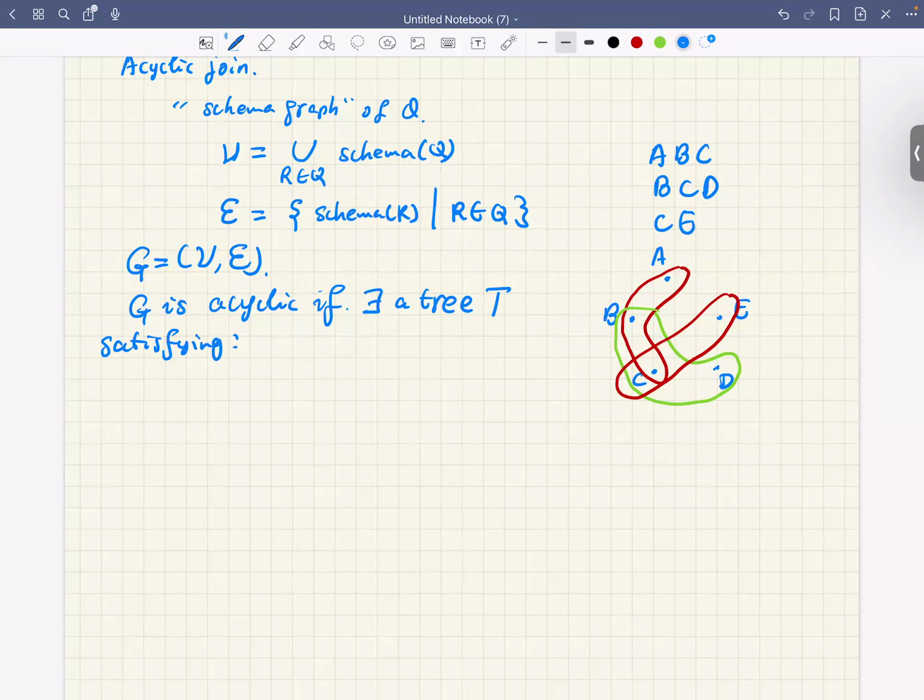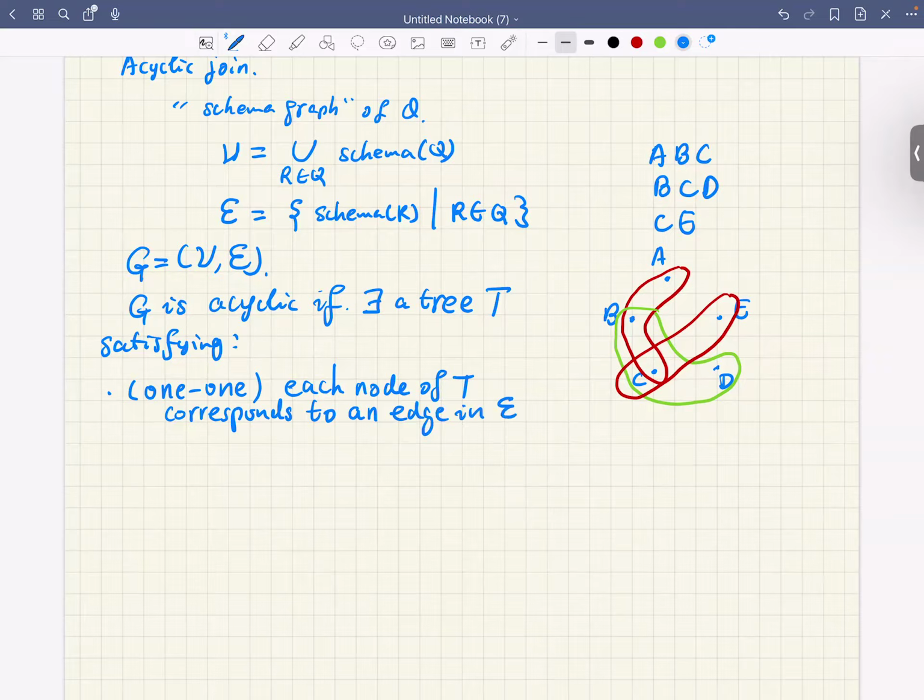The first condition is what I would like to call the 1-1 property, the 1-1 condition. The 1-1 condition says there's a 1-1 correspondence: each node of T corresponds to an edge, a hyperedge, so an edge in E, and vice versa.